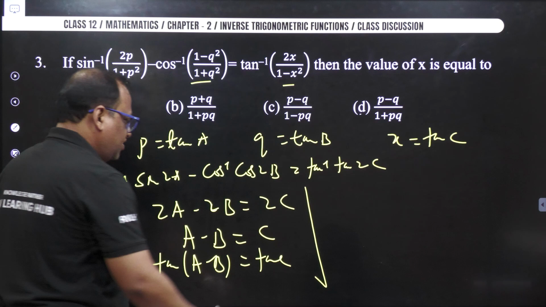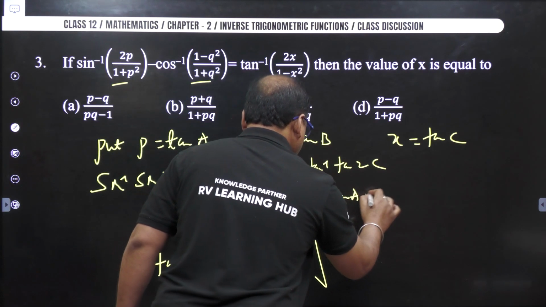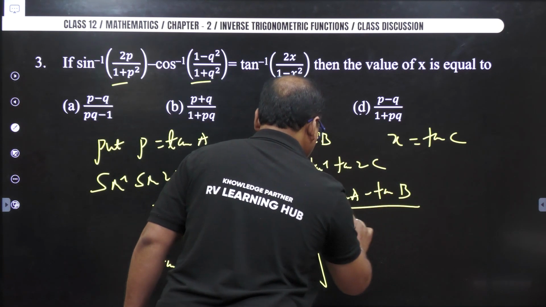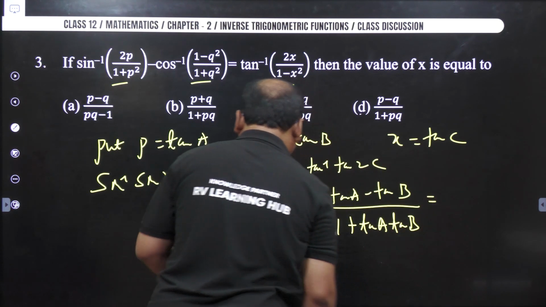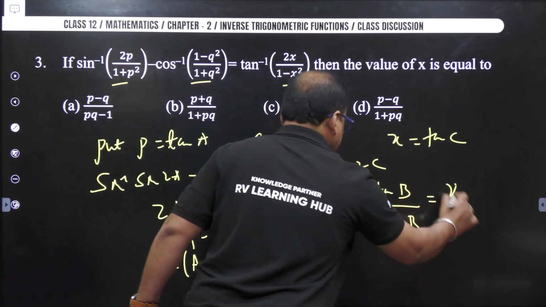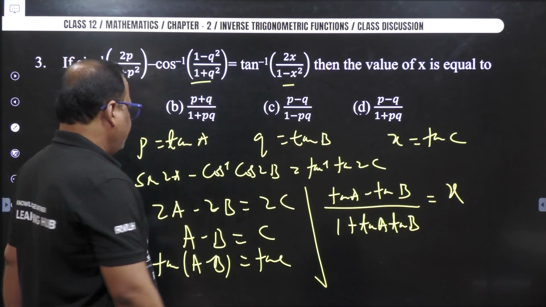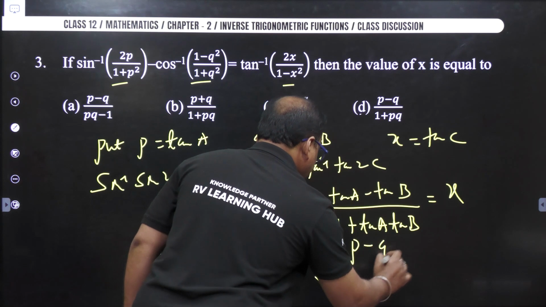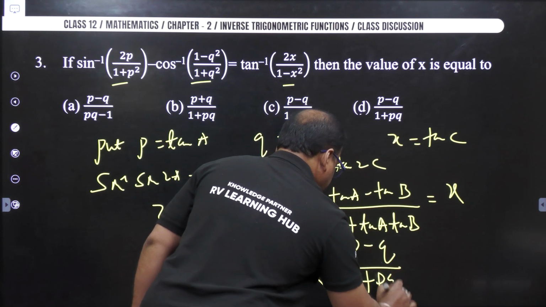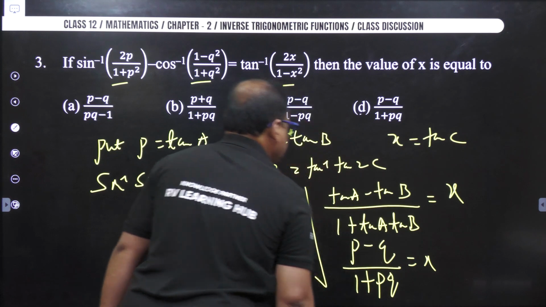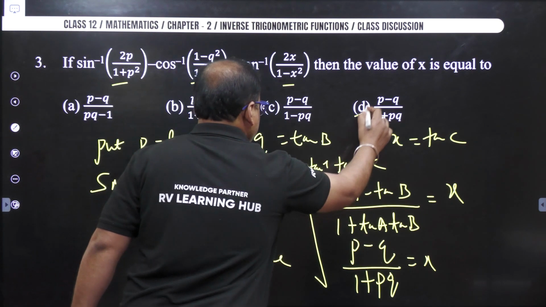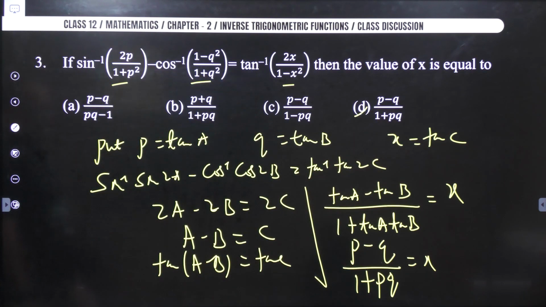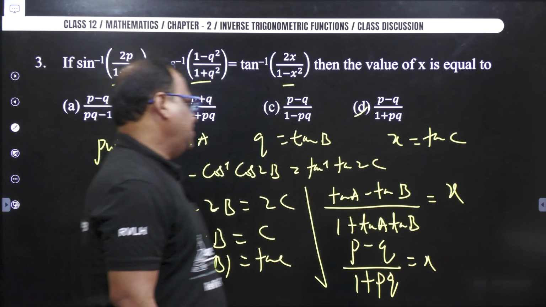Tan A minus tan B divided by 1 plus tan A tan B, and tan C is X. Tan A is P. P minus Q divided by 1 plus PQ is equal to X will be the answer. Option D.